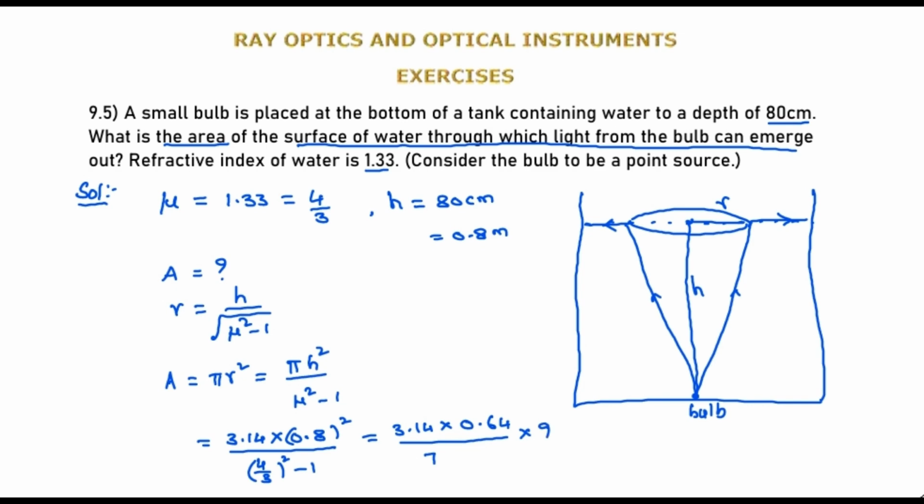So 4/3 whole square minus 1 becomes 7/9. After simplification, this value will be nearly 2.58 meter square. So this is the area and the solution for this problem.